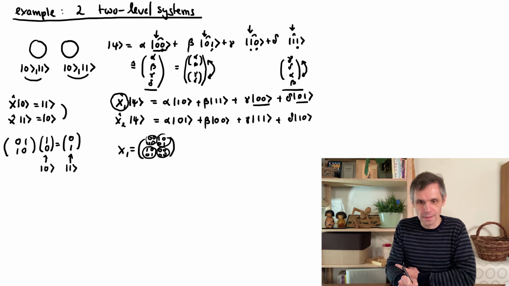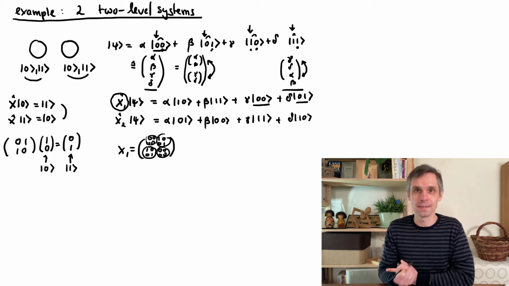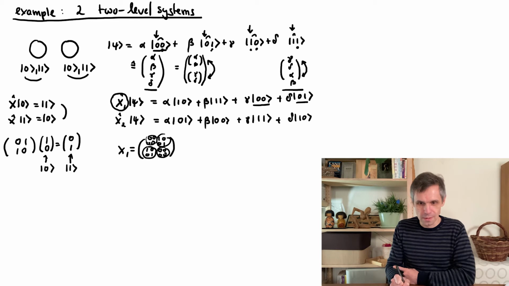And again, we can interpret this as a vector just as here, when we just see what are the entries in front of these basis states in the correct order. So now we have a beta in front of the 0, 0, an alpha in front of the 0, 1, a delta in front of the 1, 0, and a gamma in front of the 1, 1.